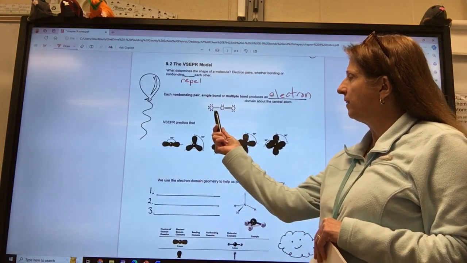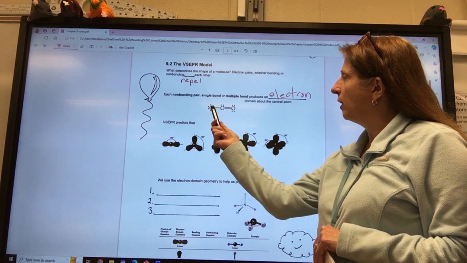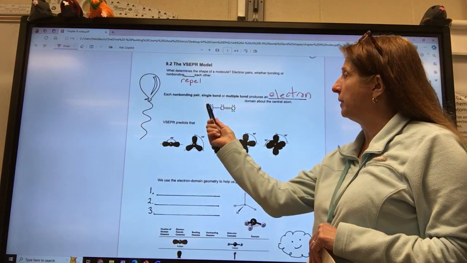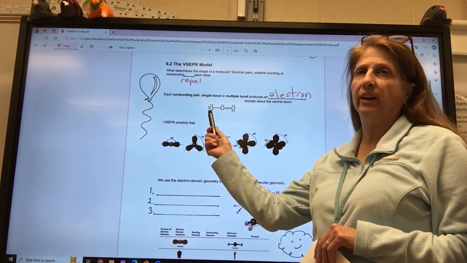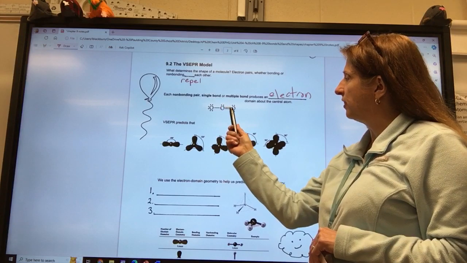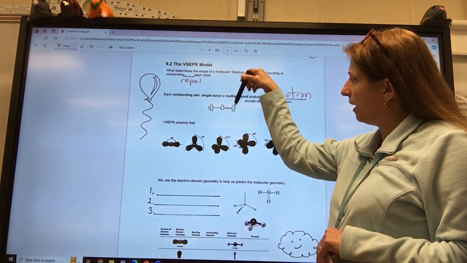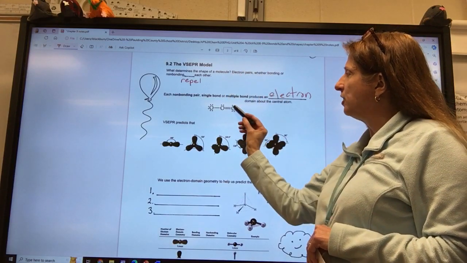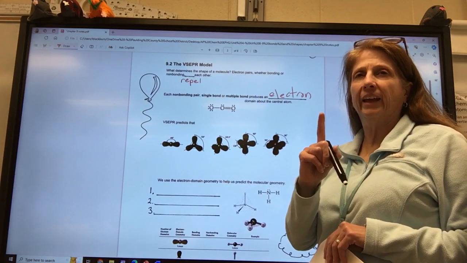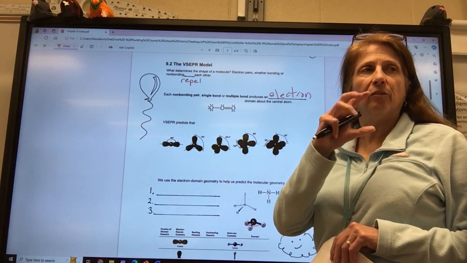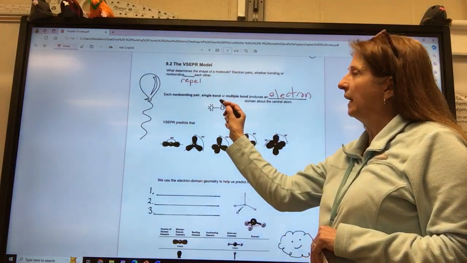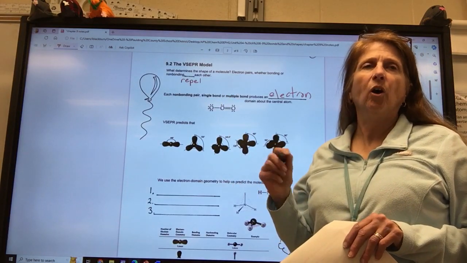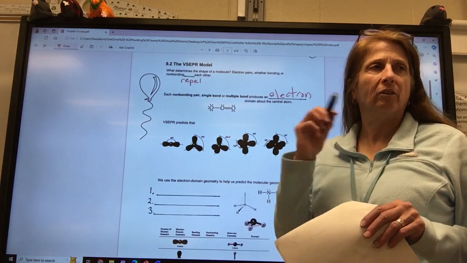So like this oxygen has 3 unshared pairs and a bond. So if we could see that, they would be arranged around that oxygen like a tetrahedron. This oxygen has a bond, another double bond, and an unshared pair, a double bond is considered one thing. It's one negative clump. So this would have three repelling each other around, and they would naturally form into that 120 trigonal planar shape.